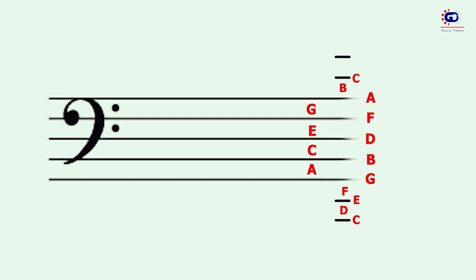So you have your C, the space above the ledger line will be your D, and then the second ledger line will be your E.